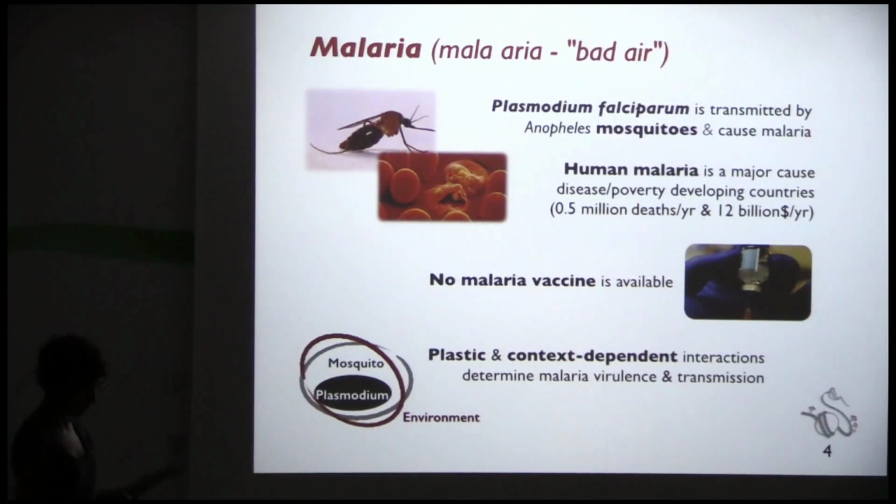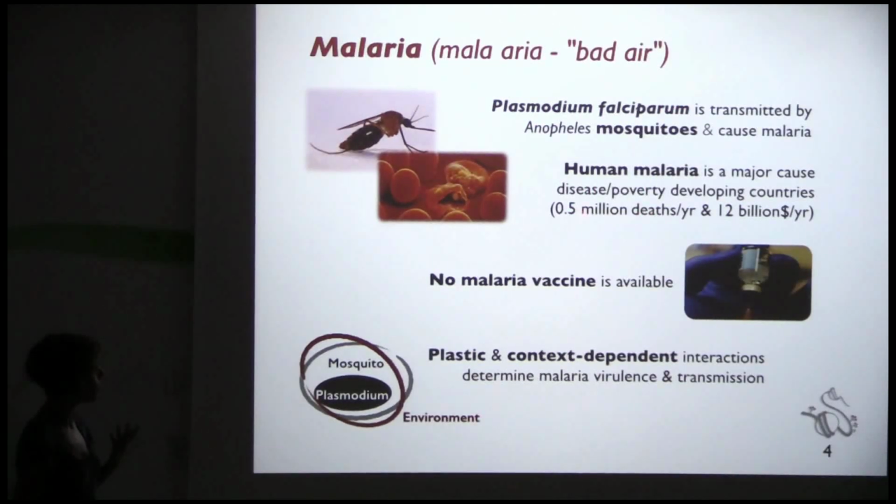But today we know that malaria is caused by parasites of the genus Plasmodium that are transmitted by Anopheles mosquitoes. And in the case of human malaria, the most prevalent and morbid species is Plasmodium falciparum.